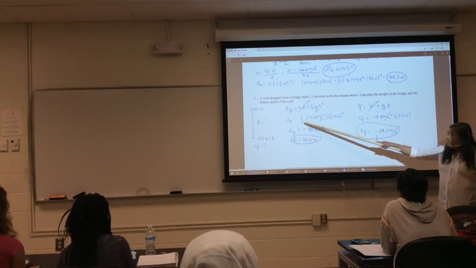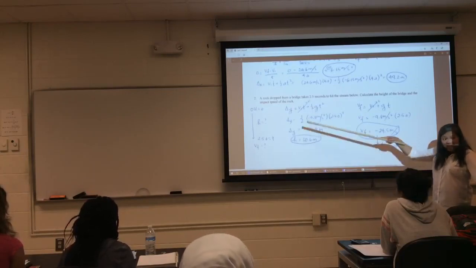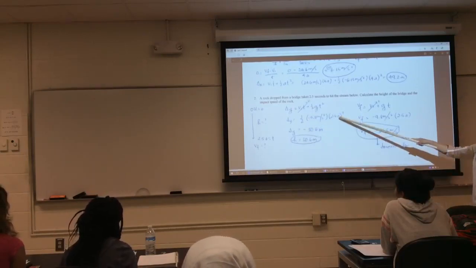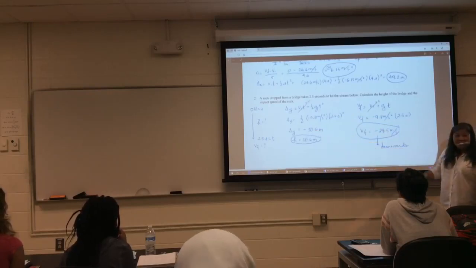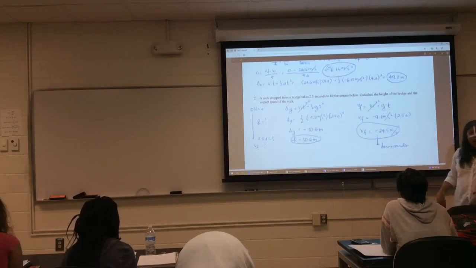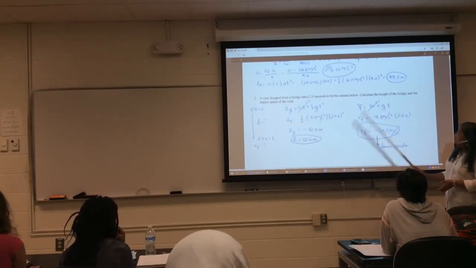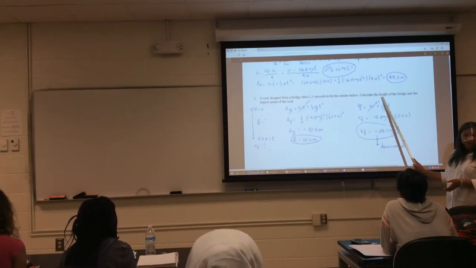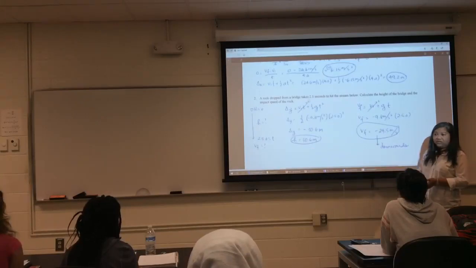So plug in your values, remembering to put a negative sign here to indicate it is a negative direction, and remembering to square your time. You will end up with a negative displacement, which is correct because at the end of the motion, your object is below the starting point. But since you're being asked for a scalar quantity, which is height, you take the absolute value of that. This will be your answer.